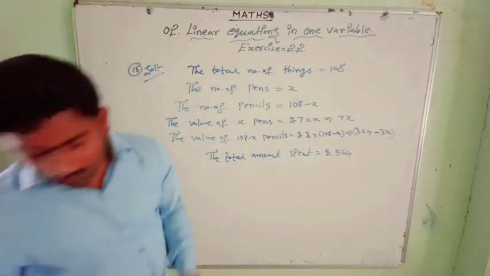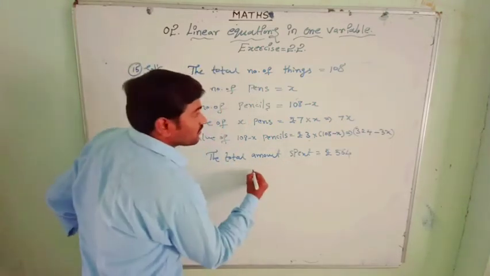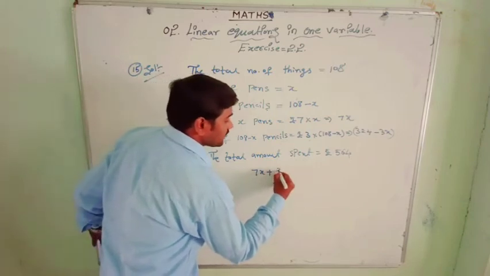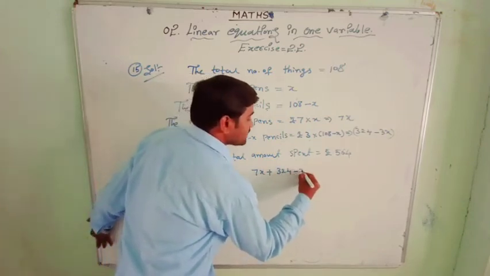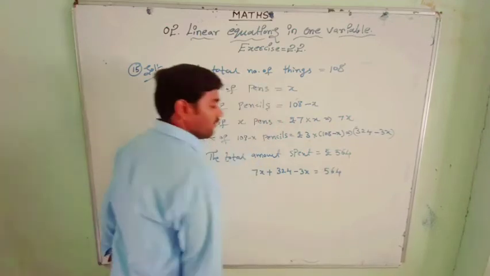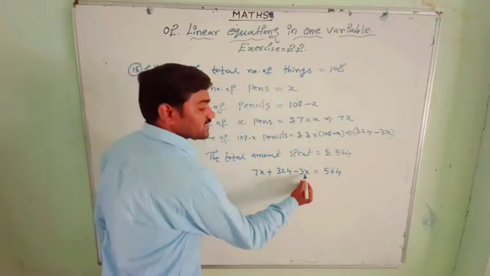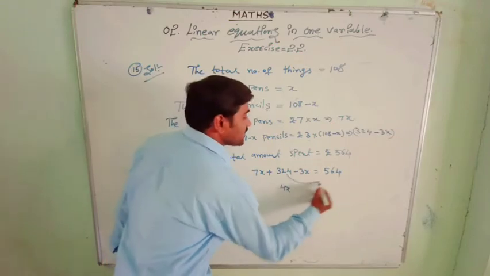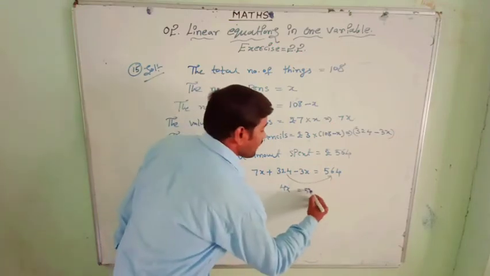So the total amount is 7x plus 324 minus 3x equals rupees 564. 7x minus 3x is 4x, and this 324 will transfer to this side.